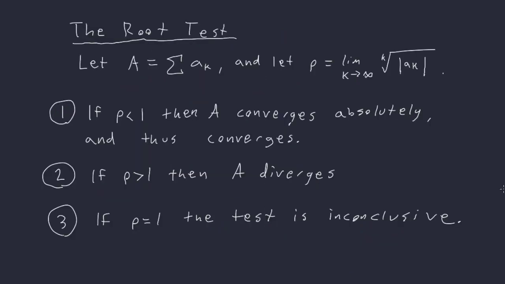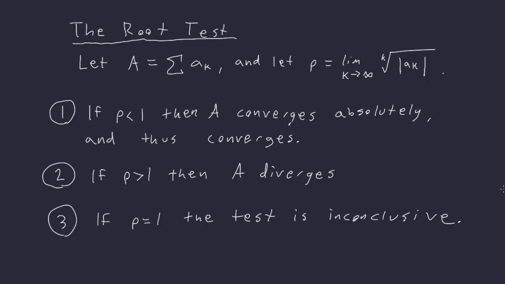Okay, so here's what the root test actually says, and you'll notice it's very similar to the ratio test as far as its conditions. In fact, the conditions are pretty much the same. It's more what we're looking at that's different. And this is often why these two are joined together and talked about together, and are considered very similar.